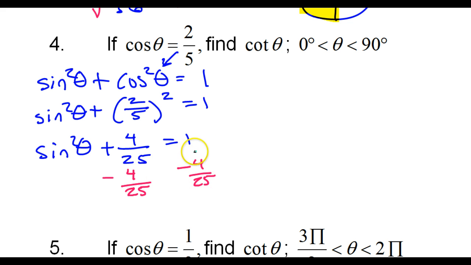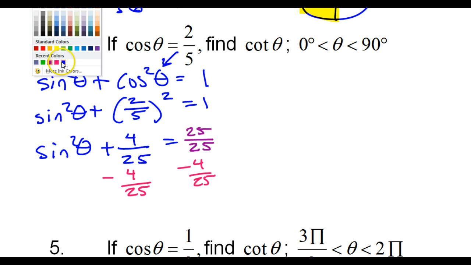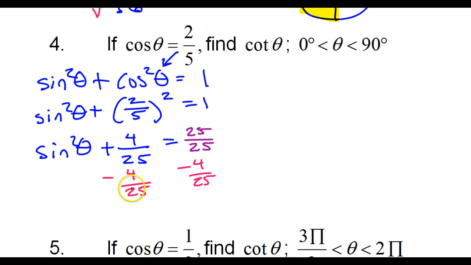Now 1 is the chameleon, so I can see I need 25ths, so I could replace the 1 with 25/25. So that's going to give me sine squared theta is equal to, of course, 25 minus 4 is 21, so I've got 21/25.